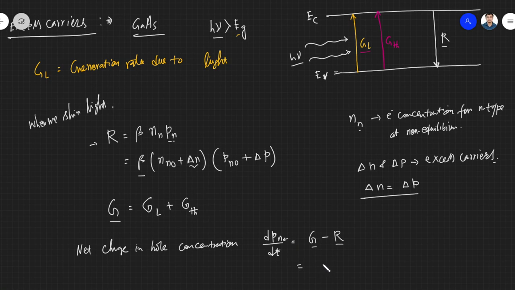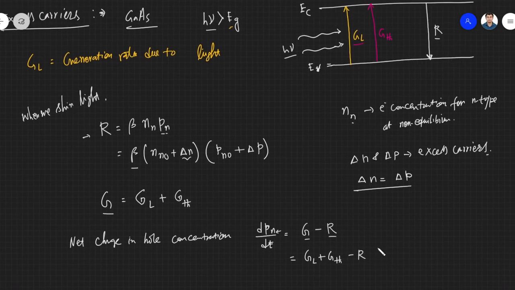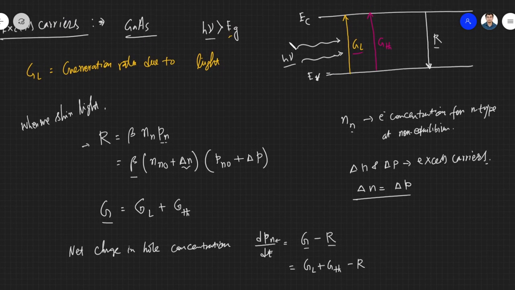Now this G has two components, GL and GTH, minus R. At steady state, if you keep this condition for some time, this change in hole concentration will be zero, because the recombination rate will balance it.